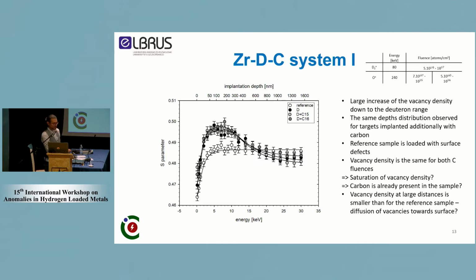We also see that there is a dip after the reference is stable. Here we have a dip that goes underneath. This is interpreted as a migration of the defects from underneath the surface toward the surface of the sample.